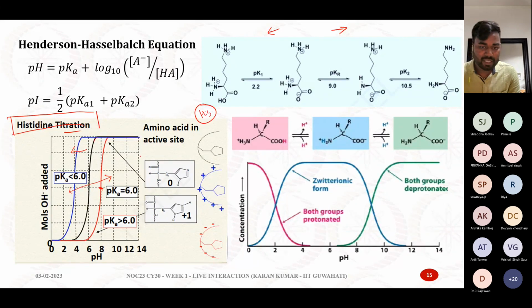The reason is that its pI ranges over a very wide range. It covers the entire spectrum of physiological pH, and most enzymatic reactions occur at physiological pH. That is why histidine is found in most of the active sites. Hope it is clear to all of you. Can I move forward?